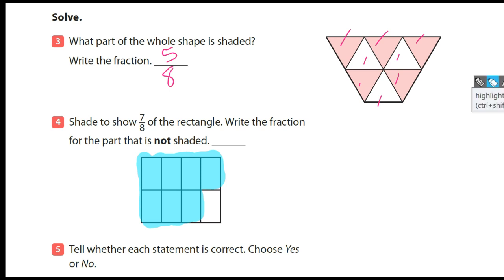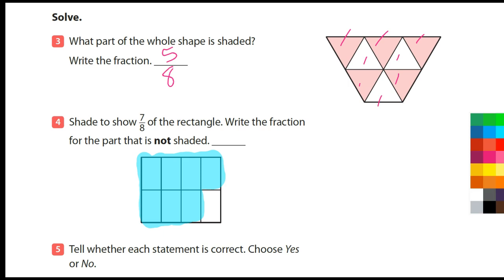However, what does it say? What's the next part of the question? Oh, whether each statement is correct. I'm still at number 4, guys. Oh, that's a fraction for not shaded. So how many total? 8.